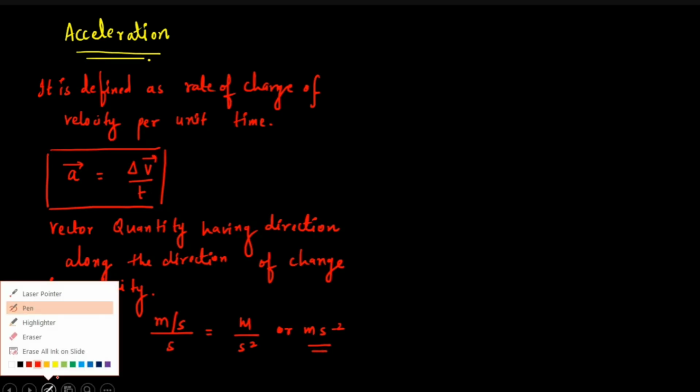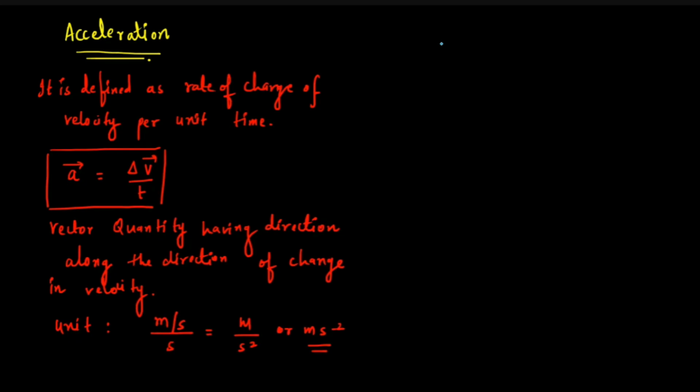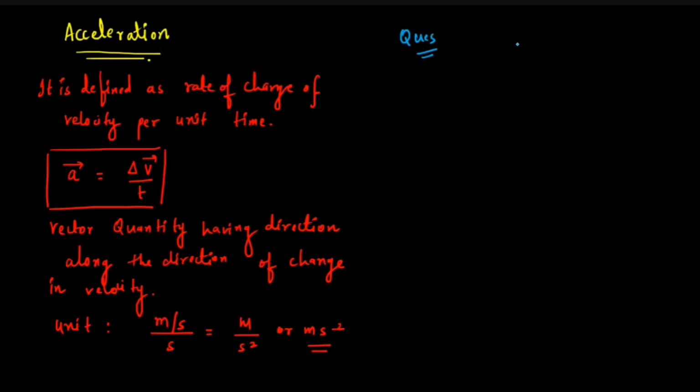Now, let me give a very simple question. It will help you to see how we are supposed to actually calculate acceleration. So, a very basic question, a very simple question. Suppose a car initially traveling at 30 meters per second on a straight road.